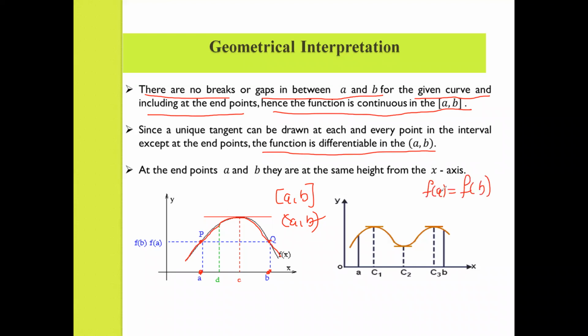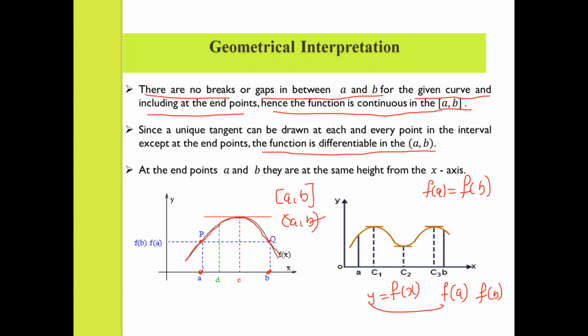So what exactly is the meaning of f of A equal to f of B? Usually we write a function as y equal to f of x. If I define this f of x at the point A, that is f of A, this is the y axis point. f of B is also a y axis point.